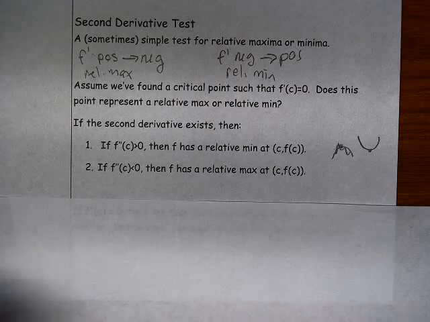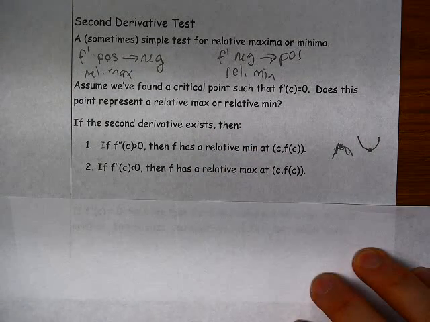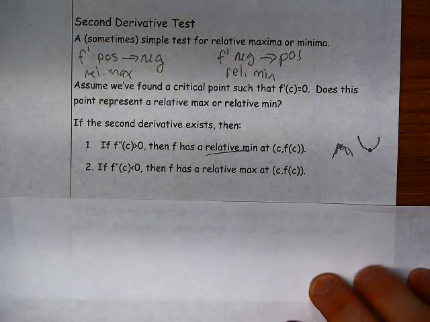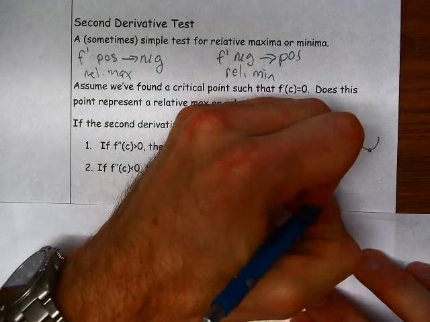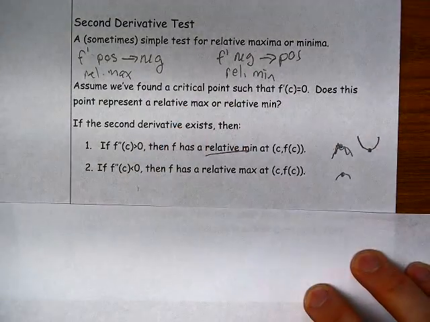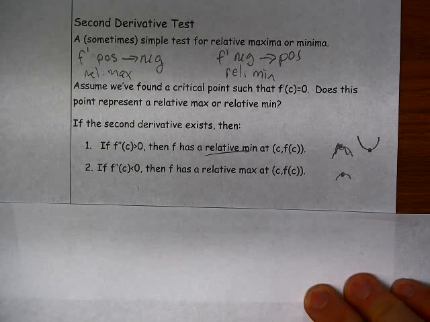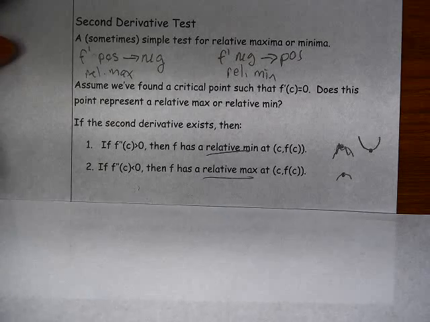It has to be concave up at that critical value. So if that's true, then we must have a relative minimum at that point. And if the second derivative is negative at that critical value, that means that in that area we have to have a concave down function, which means we have a relative maximum at that point.